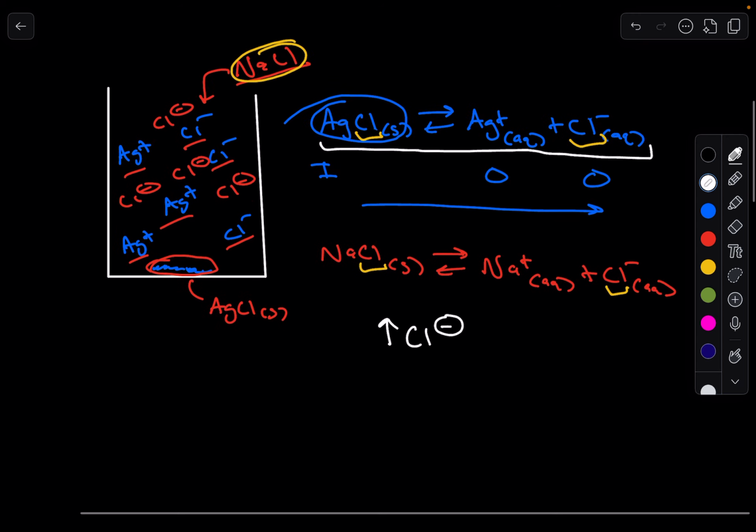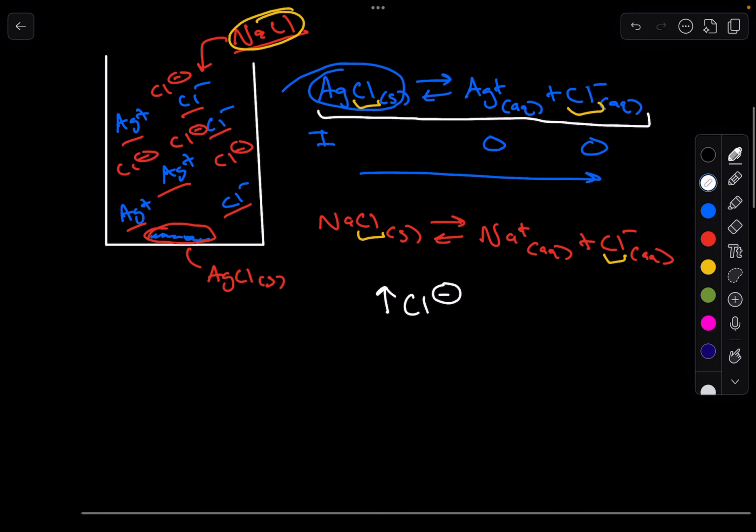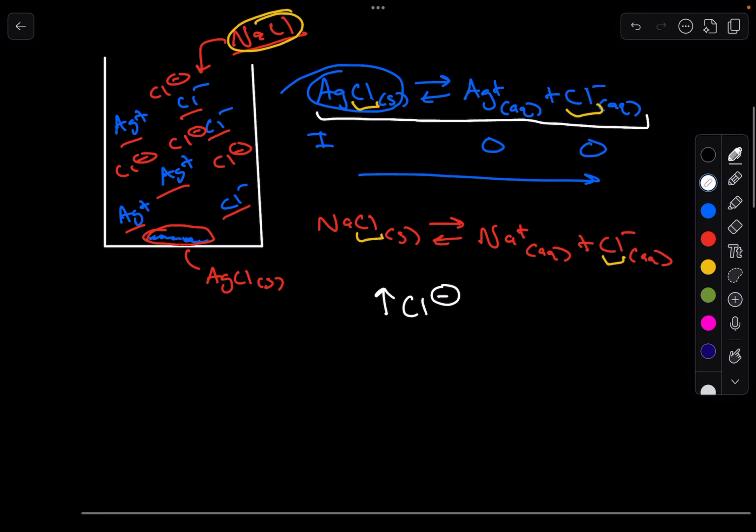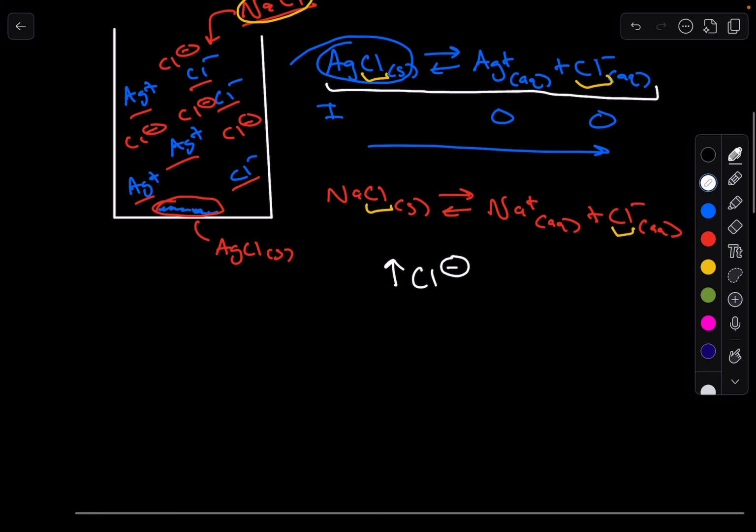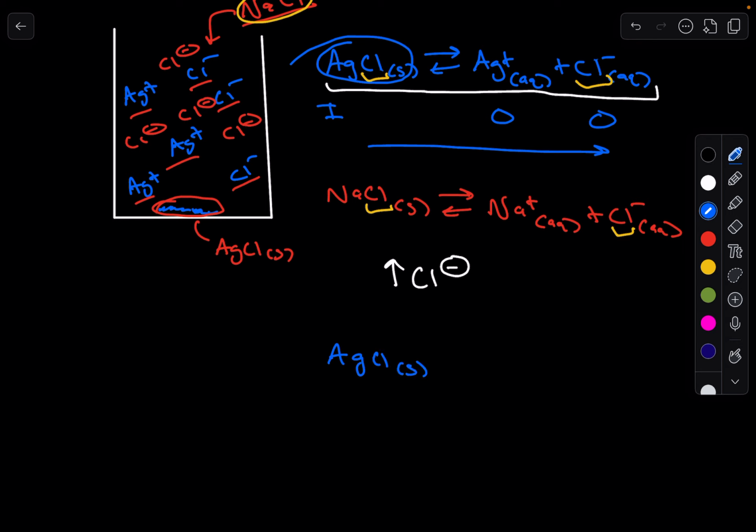And what's actually going to happen is Le Chatelier's principle is going to take place. So our original equation down here, because of the stress that this chloride ion is placing on the system, it needs to now get rid of the excess chloride ions.